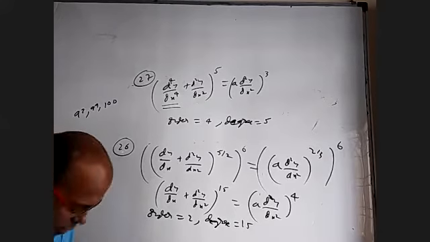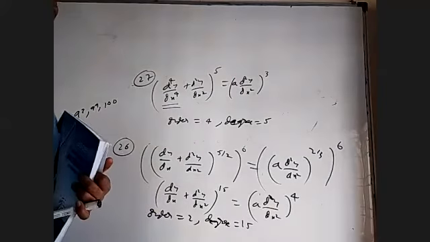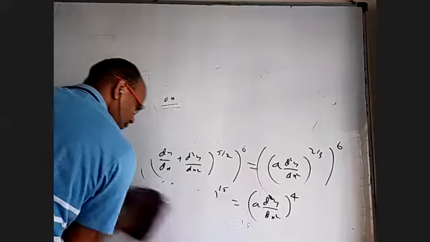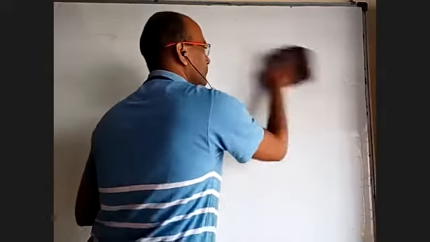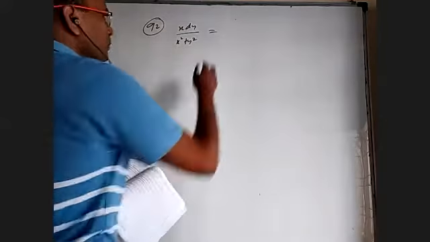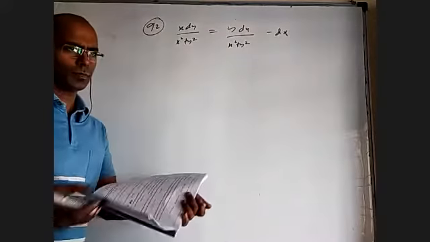All right, let us discuss 92. Okay, 92: x dy = (x² + y²) ... RHS I am going to split and write y dx/(x² + y²) minus dx.